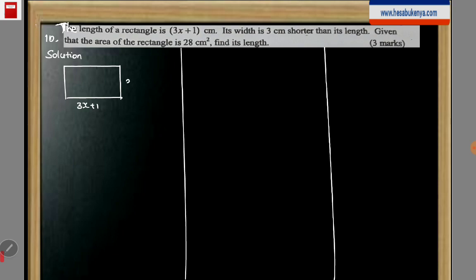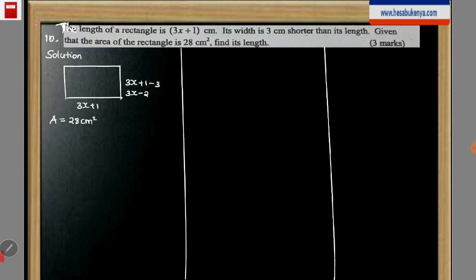So 3x plus 1 minus 3, which is equal to 3x minus 2. That is the expression representing the width. And then we have been told that the area is equal to 28 centimeters squared.